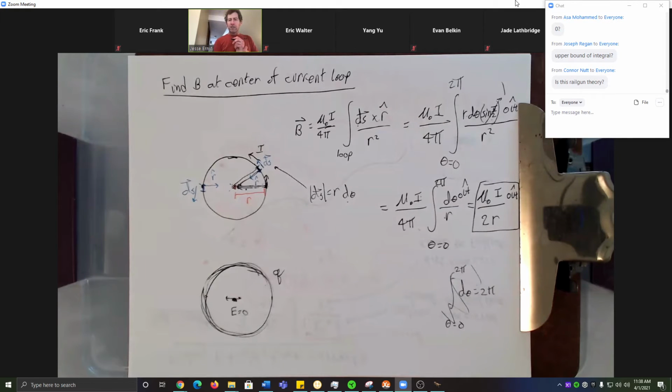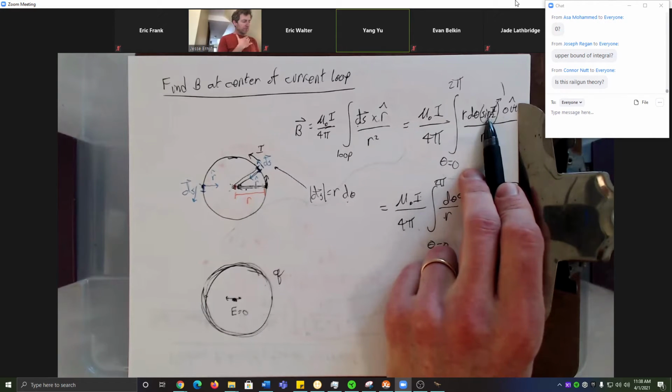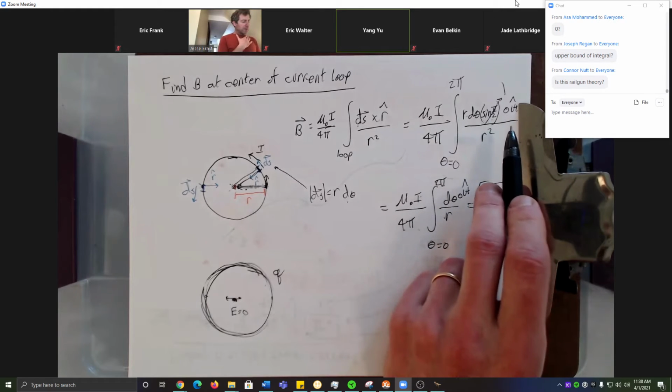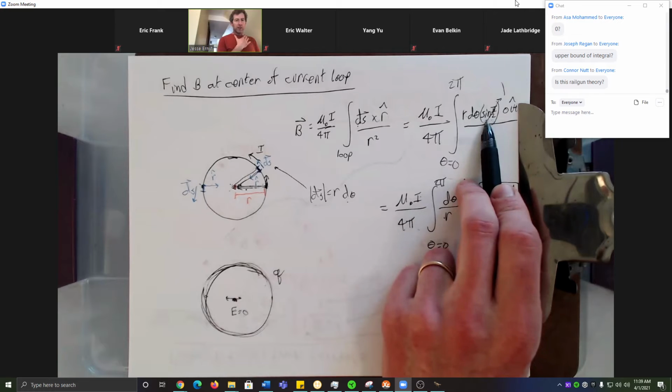So for the electric field questions, Yang, which one do you mean? I mean, in that formula, we only have ds times r direction, and how do we convert that formula to the sin pi over 2? You mean this one here? Yeah.